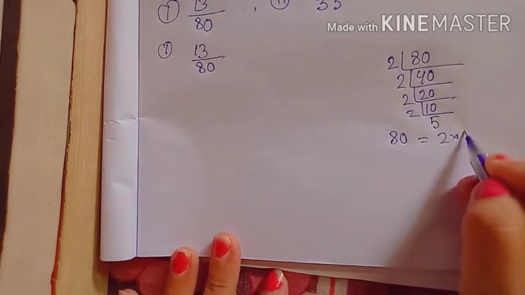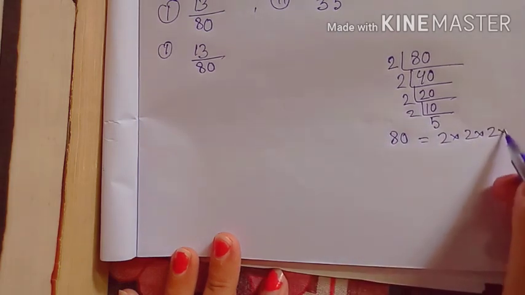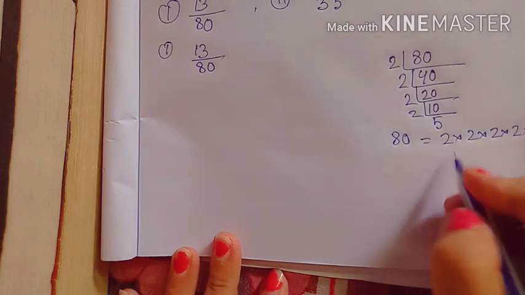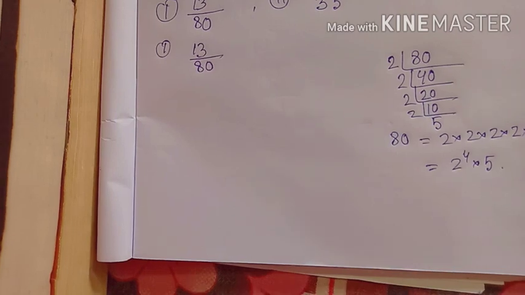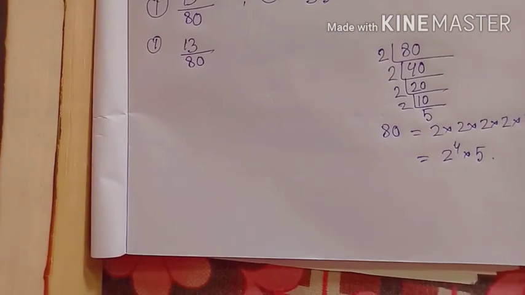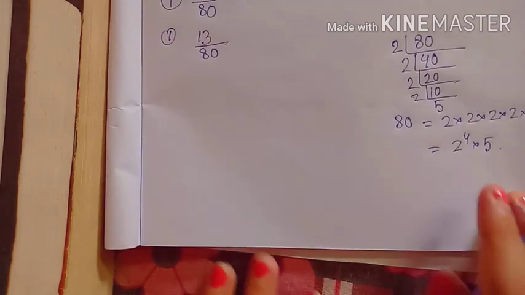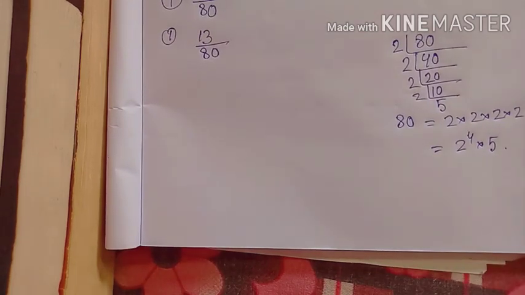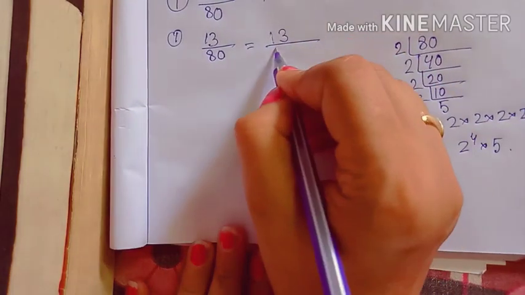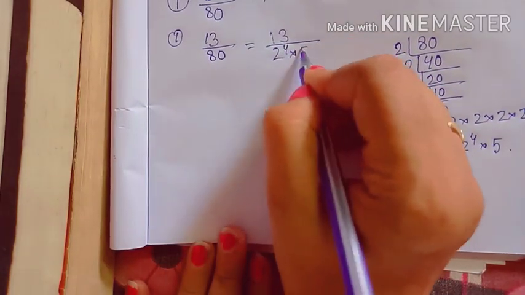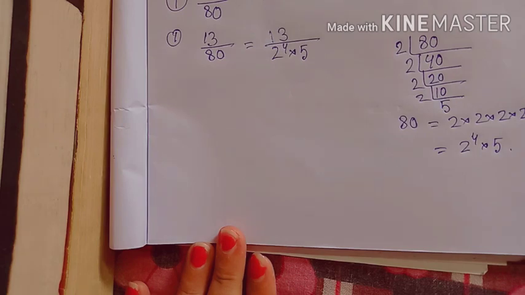So we can write 80 as 2 to the power 4 into 5, and we replace 80 by 2 to the power 4 into 5.